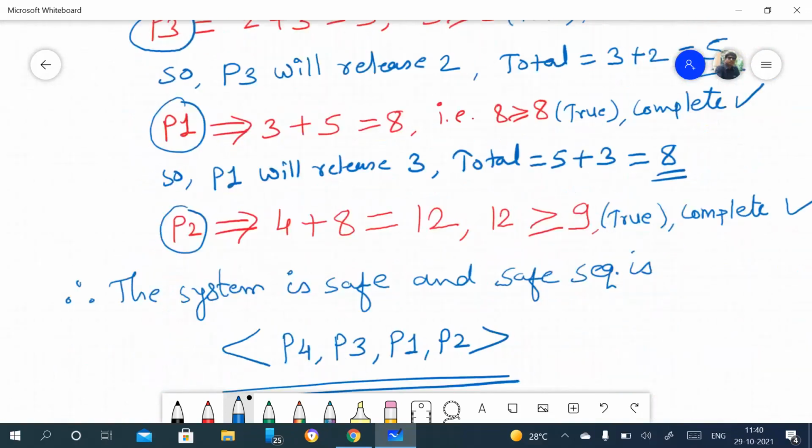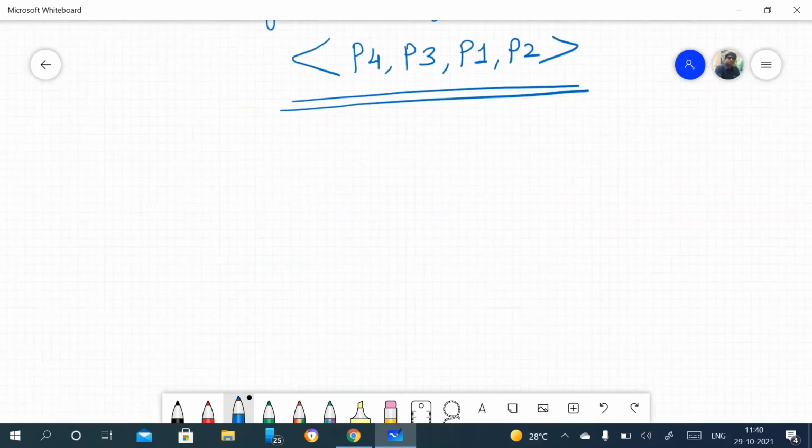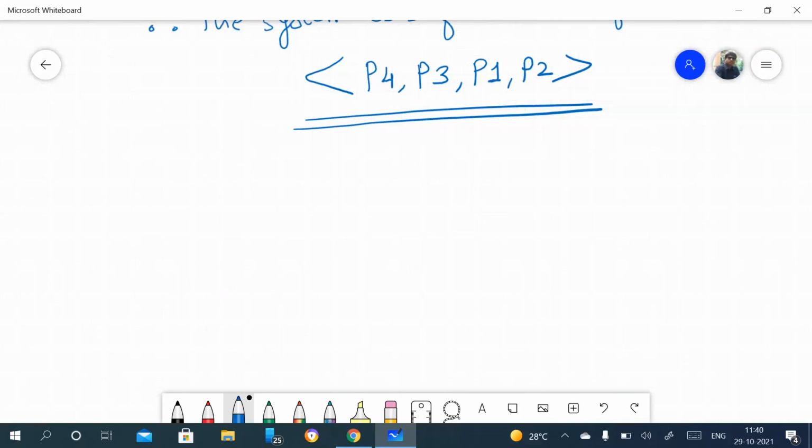If you understood this one, then Banker's is again the same, only the number of resources is different there, right?